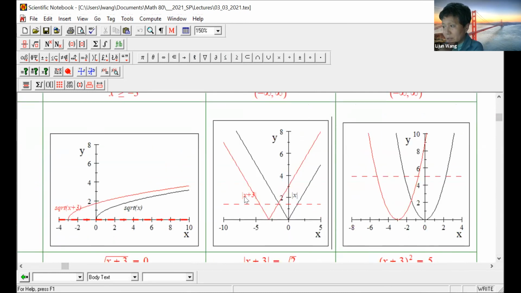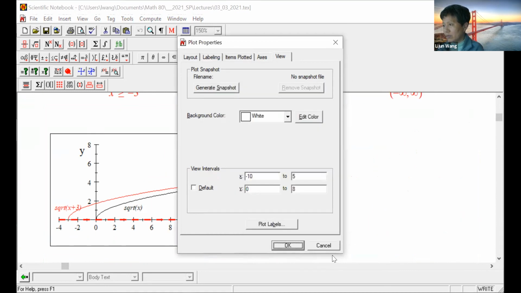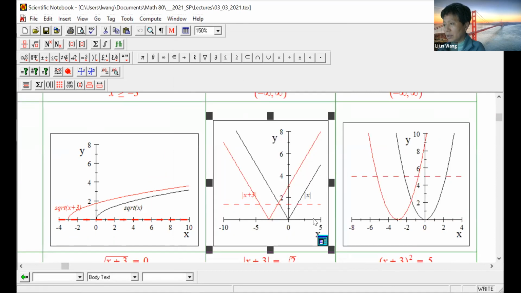This is the absolute value of x plus 3, and this is the absolute value of x. I mean, this software is not perfect, really, in many ways. Scoot over a little bit. Okay, this is better, isn't it? So the red one is the absolute value of x plus 3. What you see is that with plus 3, they all shifted to what? To the left. It's a little bit counterintuitive.